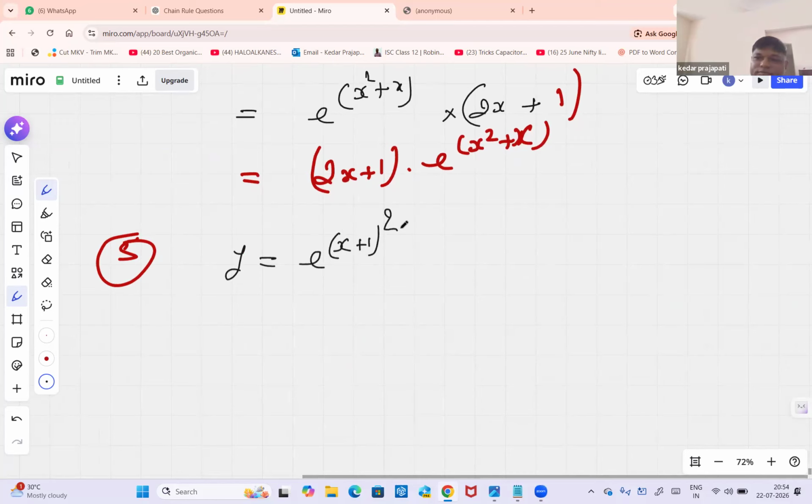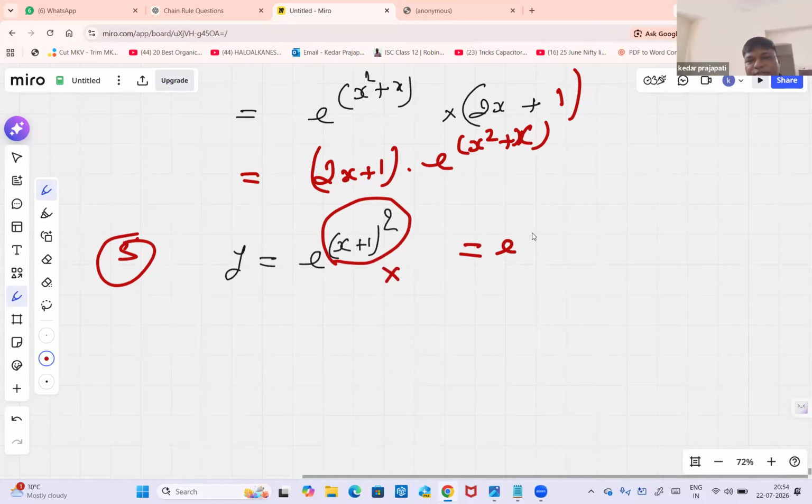Can you tell? Two ways. Either you solve this power first, or you take everything as x. It is better to take everything as x. So this entire thing will be coming as x.